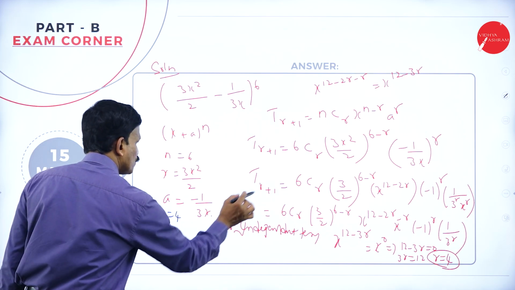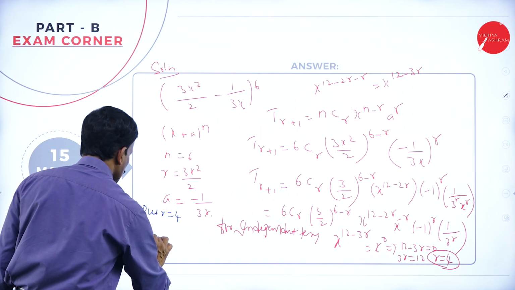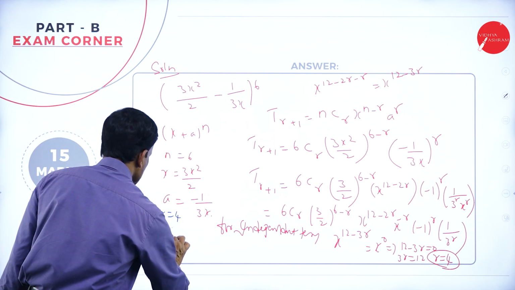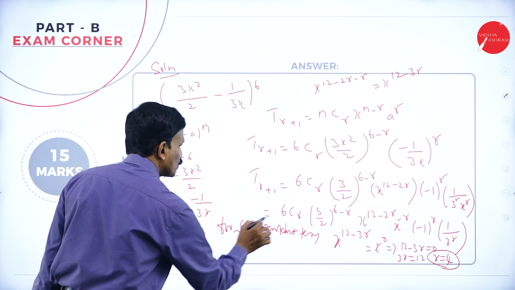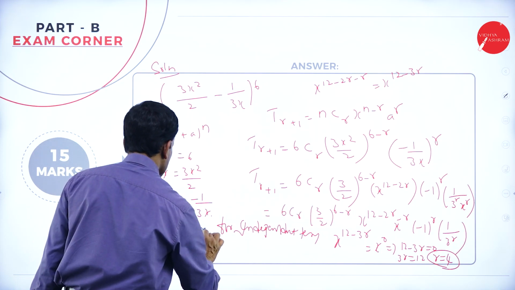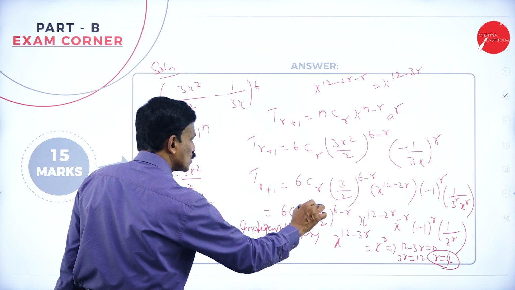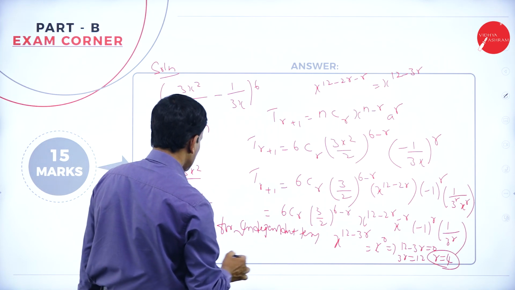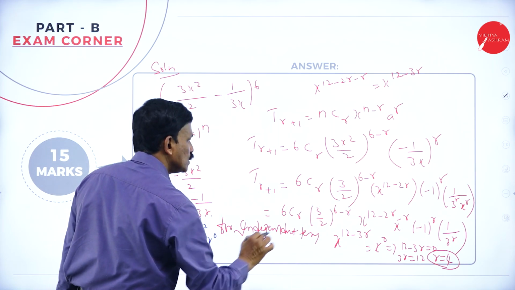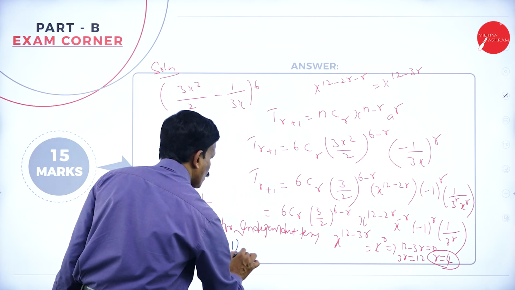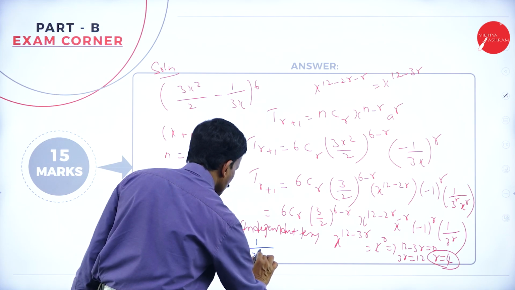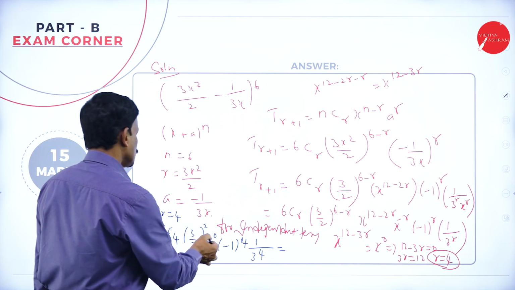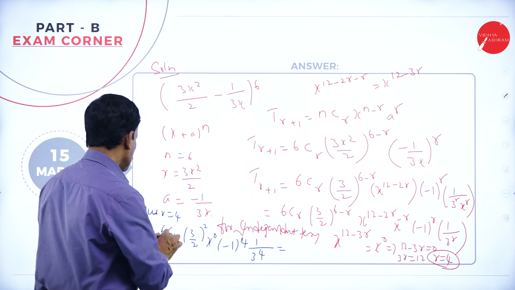Now, put r equal to 4 here, you will get T(4+1), T5, is equal to 6C4 (3/2)^(6-4), 6 minus 4 is 2, into x^(12-12), which is x^0, into (-1)^r, r equal to 4, into 1 divided by 3^4. So minus 1 to the power of 4 is plus 1.